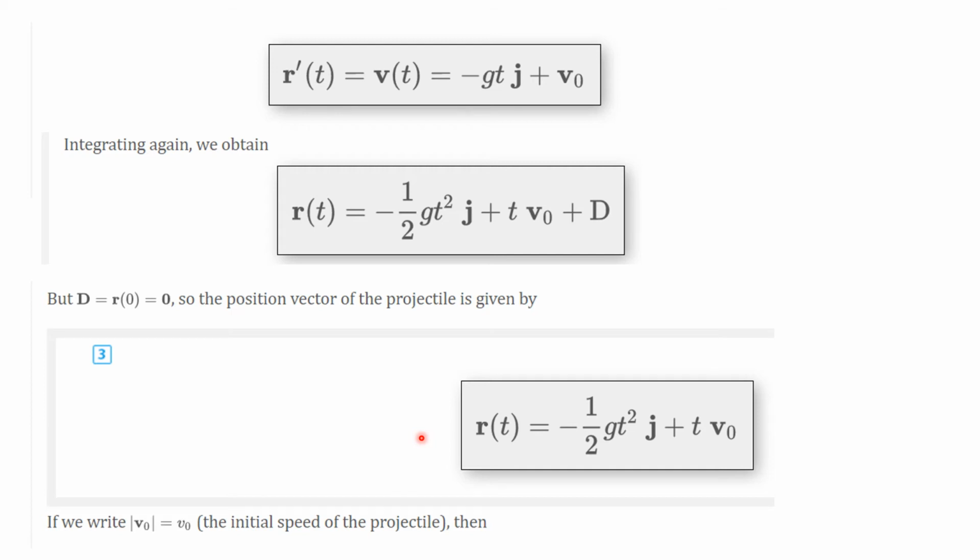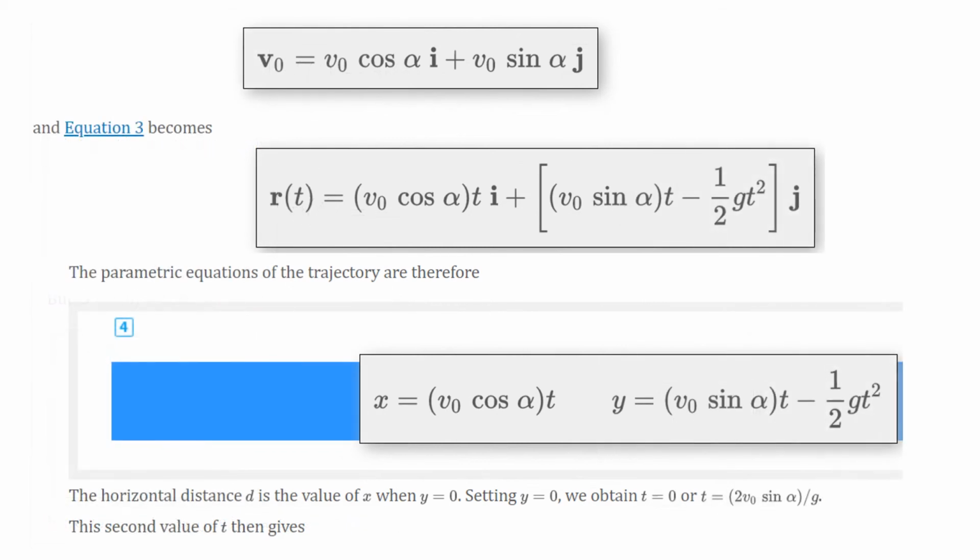And if we recognize that the vector v0 has a magnitude of v0, and that's the initial speed of the projectile, then we can rewrite this way. And you see what we're really doing here, we're resolving the vector v0 into its horizontal and vertical components, and that means we're using cosine alpha and sine alpha.